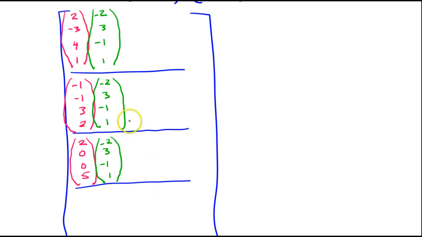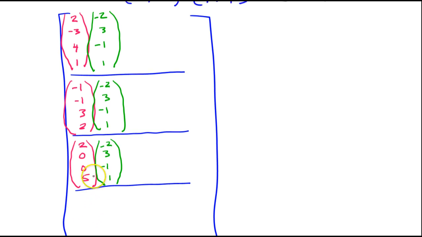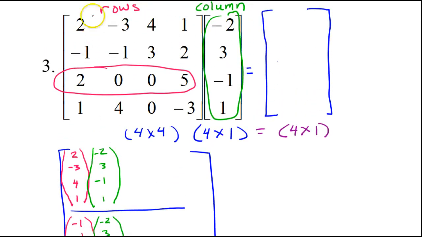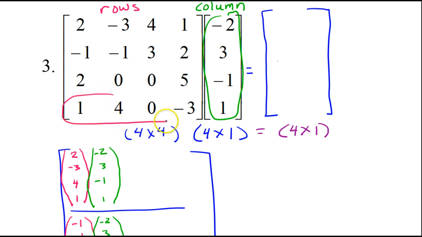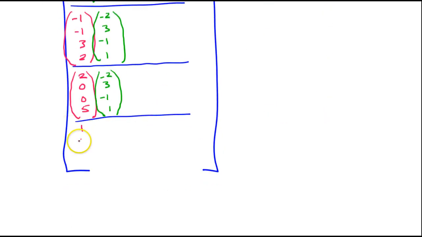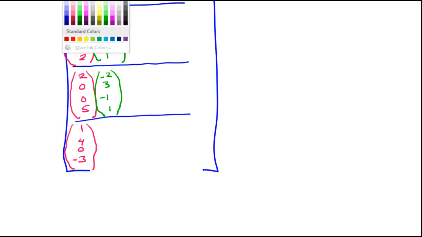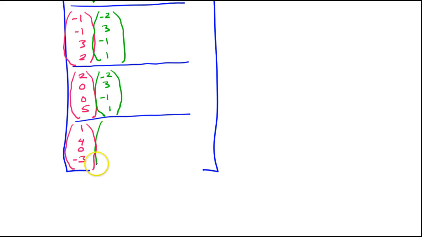And one more time. This element is in row 4, column 1. So I'm going to multiply row 4 times column 1. Row 4 is 1, 4, 0, -3, and column 1 is still -2, 3, -1, 1.